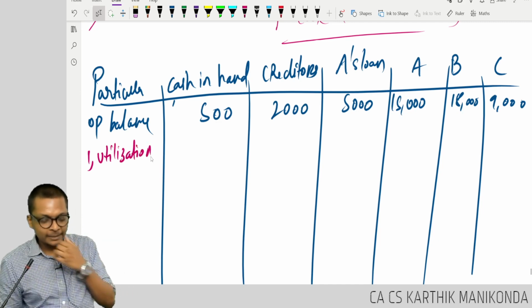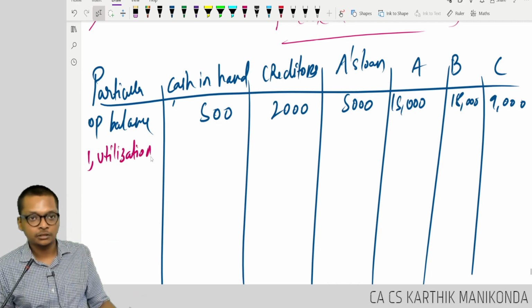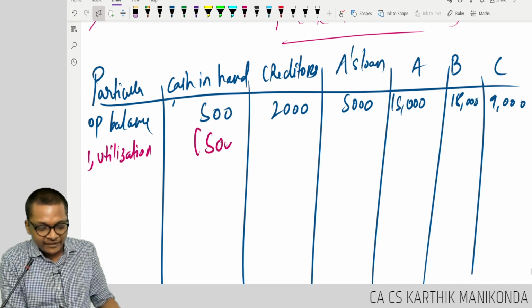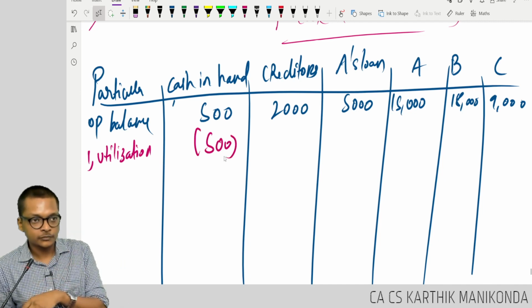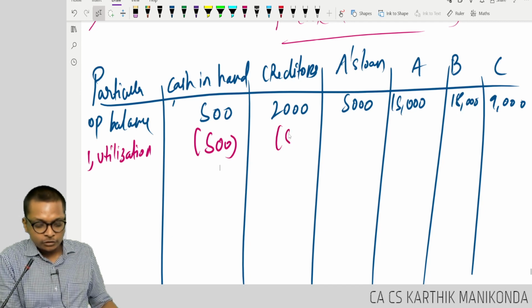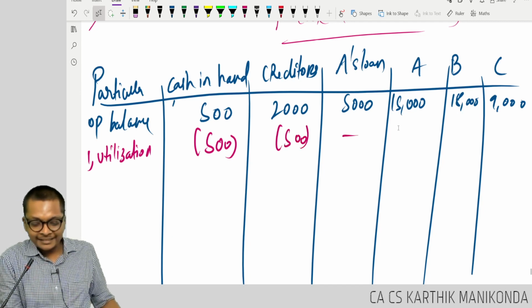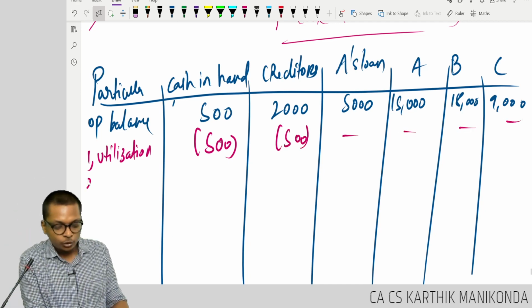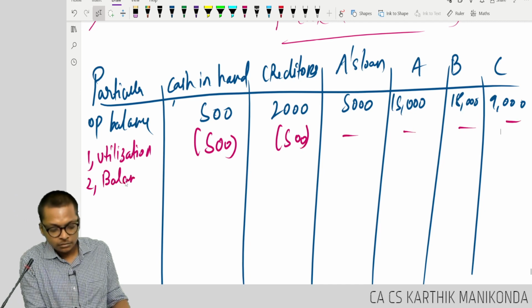Like this, we'll write multiple times. First I am using the cash. This cash minus 500. Who will take it? Creditors. So creditors also minus 500. Rest everything hyphen. Next I will write 2: balance after cash in hand paid.